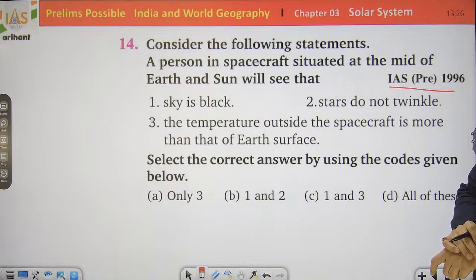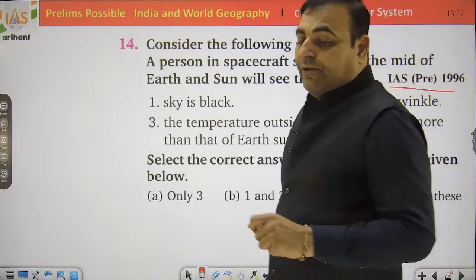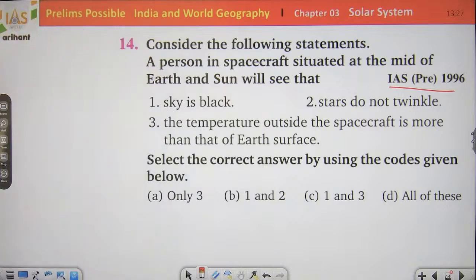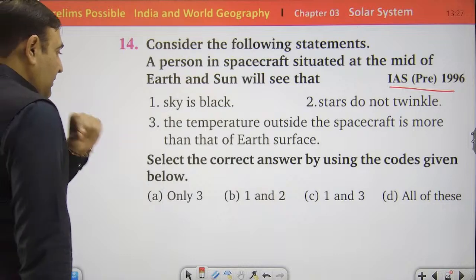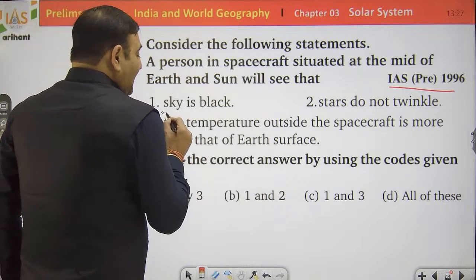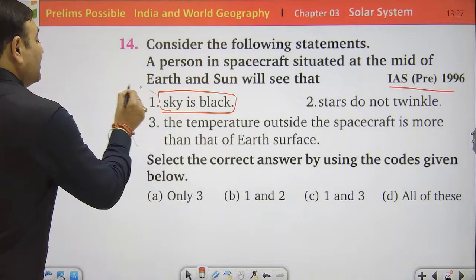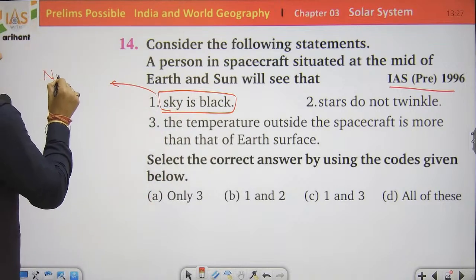Second, stars do not twinkle. Third, the temperature outside the spacecraft is more than on the earth's surface. Which one of these is correct? Only 3, 1 and 2, 1 and 3, or all of these. See, the sky looks black to the astronomer. Why? Because there is no atmosphere.